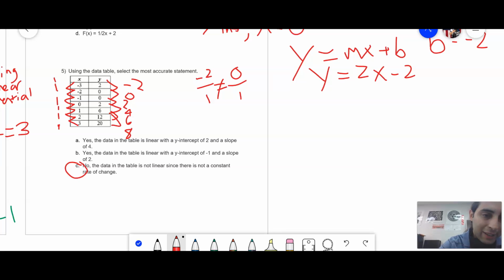No, this is not linear, because it's not a constant rate of change. It does not give you the same ratio, the same rate of change for each set of points. Okay, so this is not linear. That's how you can tell if it's not linear: if your rate of change is not equal, or if it doesn't even reduce to being equal. Okay, so 5 is C.